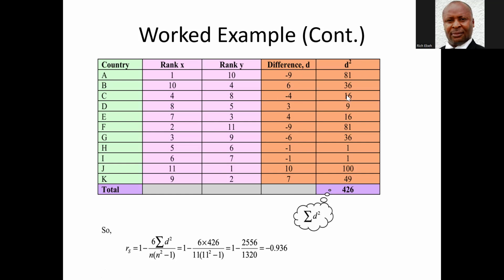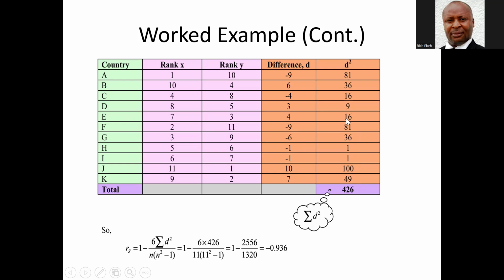Minus 4 squared will give you 16. 3 squared will give 9. 4 squared, 16. Minus 9 squared again, 81. Minus 6 squared will give us 36. Minus 1 squared will always give us 1. And minus 1 squared, 1. Minus 10 squared will give us 100. And 7 squared will give us 49.